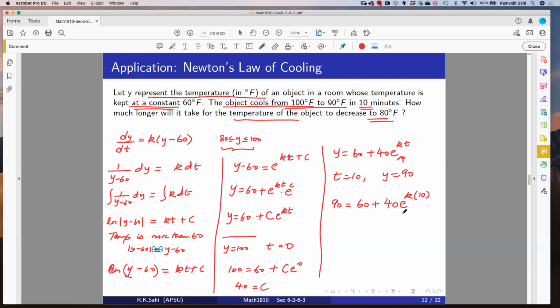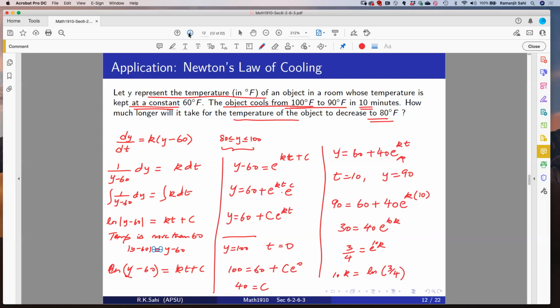I'm making sure I'm not making a mistake like I did last time. Now simple algebra: 30 equals 40 e to the power 10k, or 3 over 4 equals e to the power 10k. Removing the exponentials by taking the logarithm of the equation, 10k equals natural log of 3 over 4.